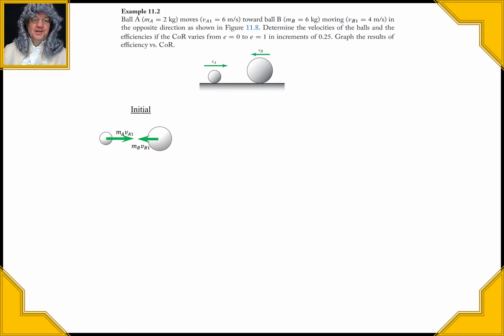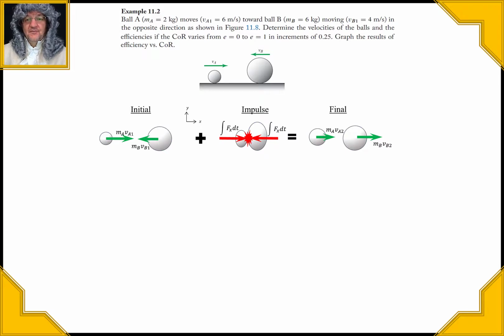So here is the initial momentum diagram right here. You'll notice that I've moved the balls so that they're going to hit each other right there on the center. I've defined what my coordinate axis is going to be, and now I define here's my impulse taking place right here. I draw those in there, and then here is the final state.